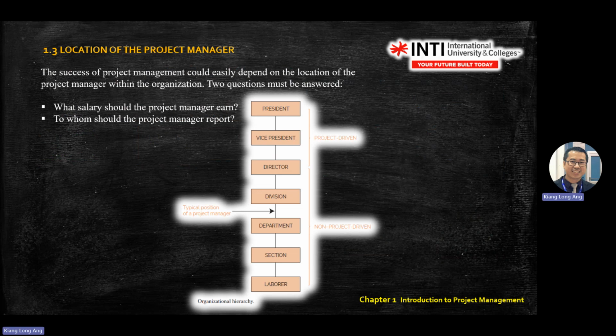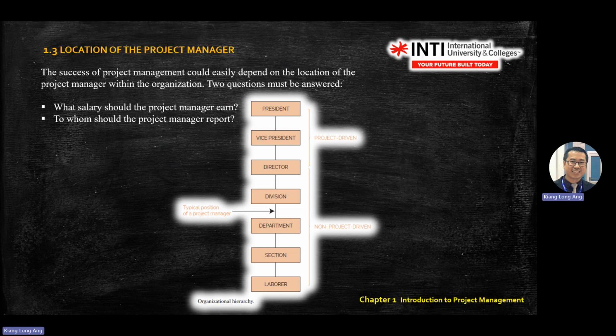Okay, now the next one is in the organization chart. Where does the project manager sit? So this is a normal organization chart. You start from president, director, division, department, section, and the operator or the labor.